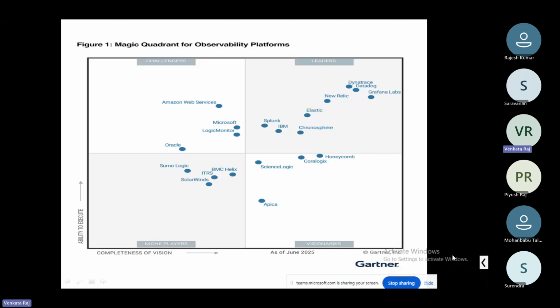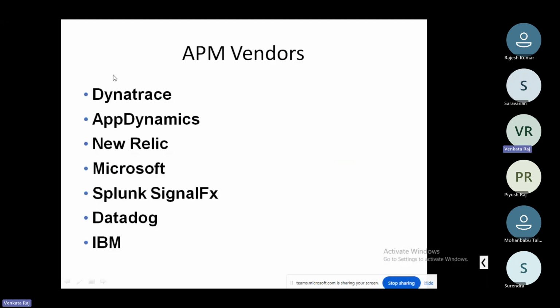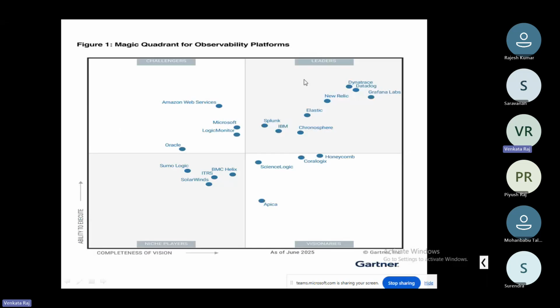So AppDynamics would also be in the leaders only, guys. Okay, it is also a very good tool. So Datadog, Dynatrace, and AppDynamics, these three tools are rated very highly in the market. Dynatrace is obviously market leading, but Datadog is also slowly catching up. Datadog is also growing.